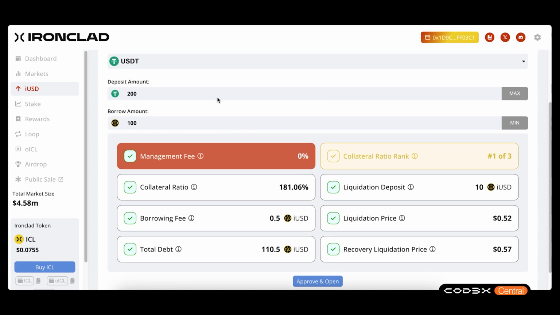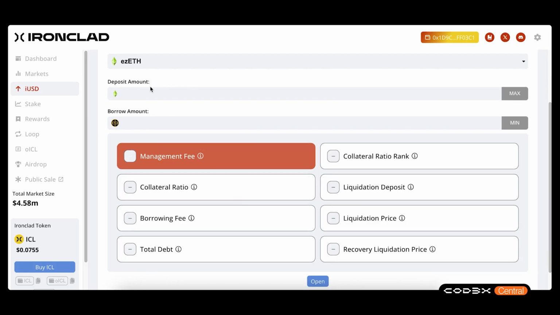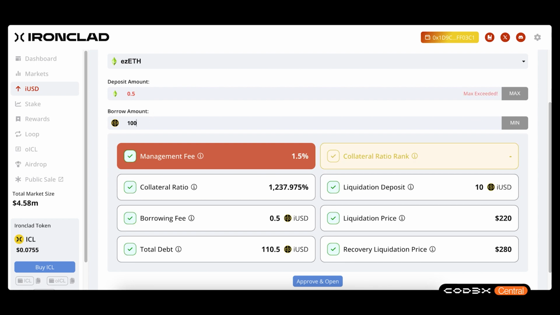But for an asset like Easy ETH, for example, this is an interest-bearing asset. And so, as you'll see, the management fee is 1.5%. Now, the reason behind this is because typically with these types of CDPs, these types of decentralized stables, what people will do is use the stablecoin to increase their exposure to an interest-bearing asset.